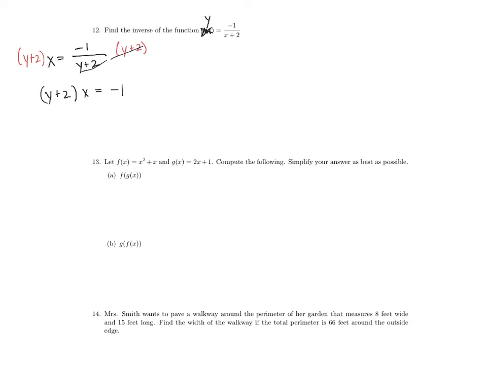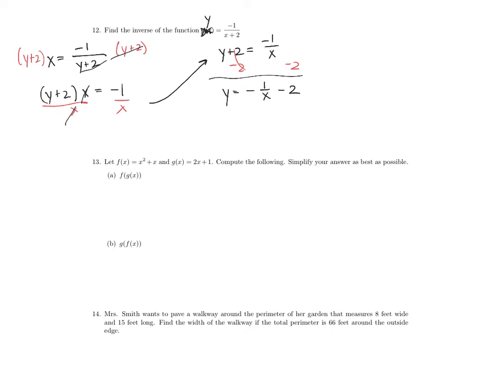Now I can divide both sides by x. So that's going to give me y plus 2 is equal to negative 1 over x. Then I can subtract 2 from both sides. So that gives me y is equal to negative 1 over x minus 2.